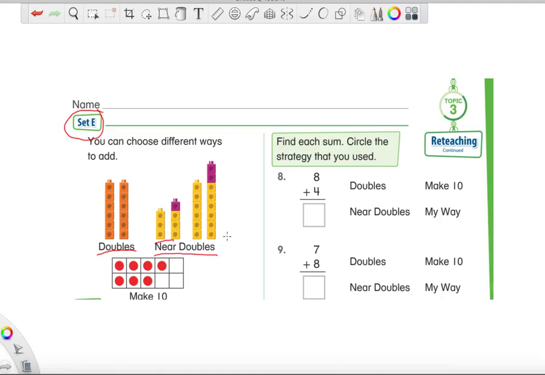That's a near doubles fact. And of course, when we were dealing with stuff like this, we could also think to ourselves, you know what? Maybe I want to use the mental math doubles fact way of solving for near doubles, or maybe I like using a 10 frame, or you know what, maybe I just want to use a number line. That's fine too.